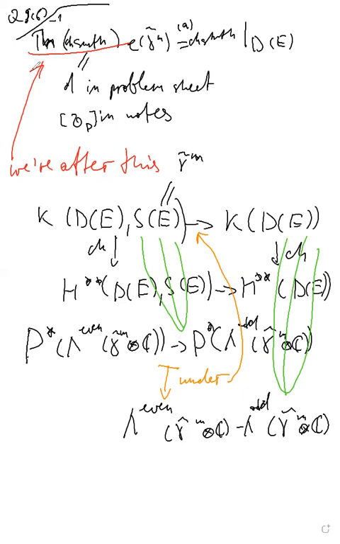So I take CH, and then I need to use the Thom isomorphism. Let me write the Thom isomorphism. So this thing is Thom isomorphic to the cohomology of BSO(m).